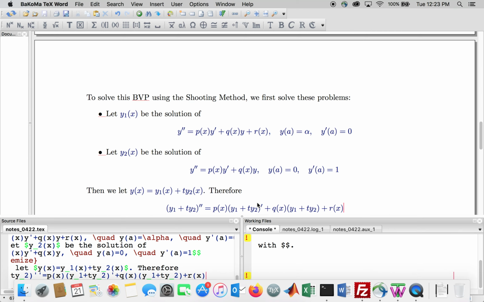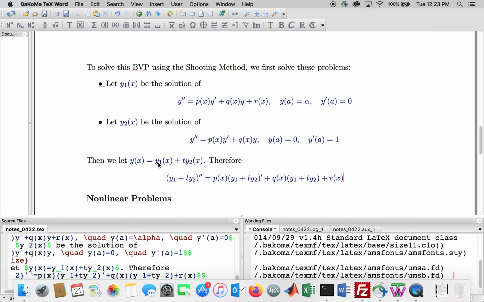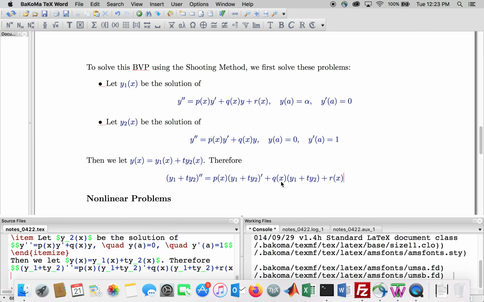So that is already satisfied. And then, basically what I'm doing is I'm taking this equation and I'm adding to it t times this one. So since y2 double prime is equal to p y2 prime plus q y2, those terms match up, and then multiplying by t does not mess with that. So for any t we choose, y of x is a solution of our original ODE.